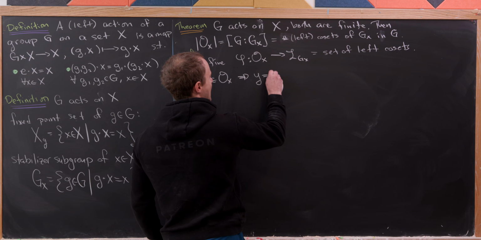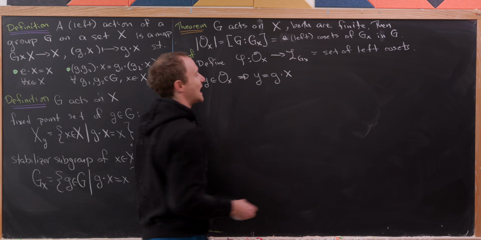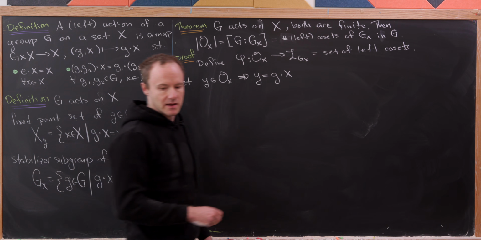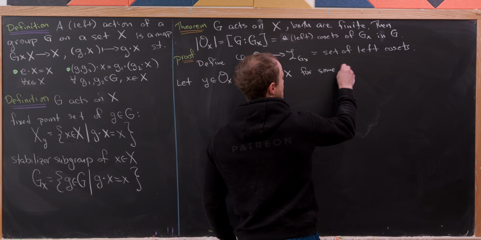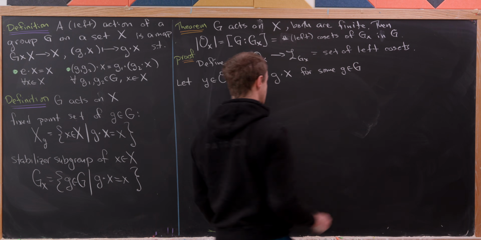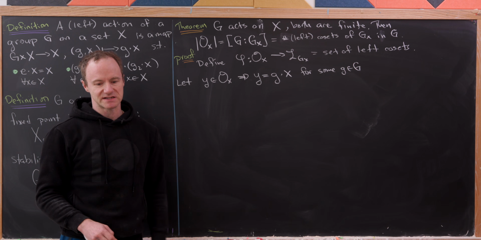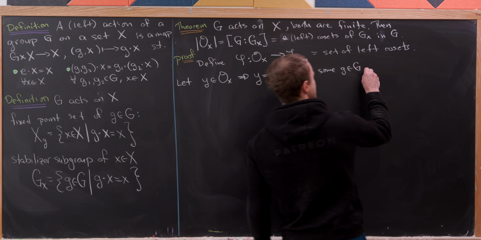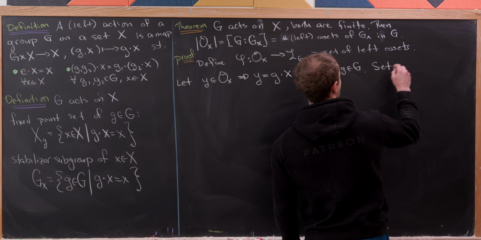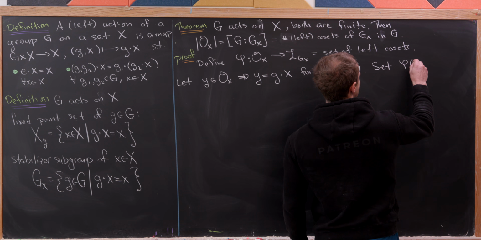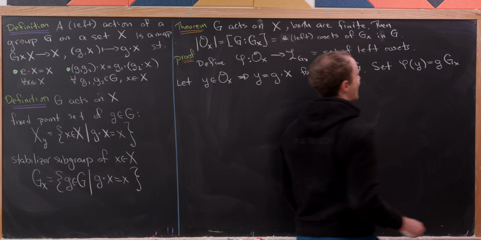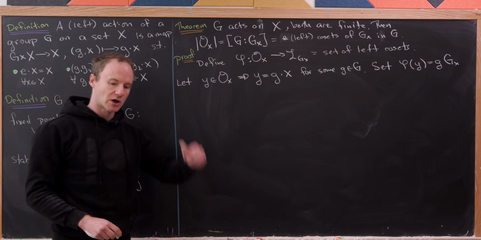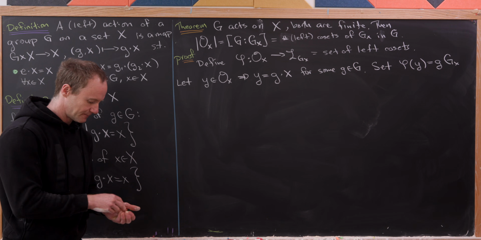That means that y is equal to g dot x, for some g inside of G. Again, that's what it means to be in the orbit. And we're going to use this g to define our map. So we'll let phi applied to y be gGx. It'll be that coset, the coset with representative g.